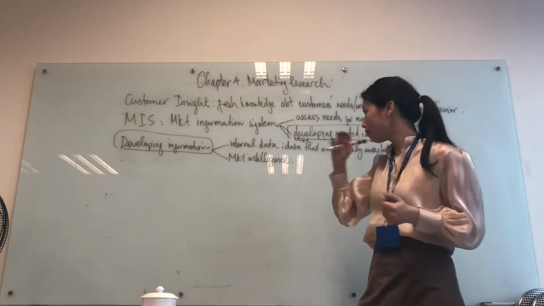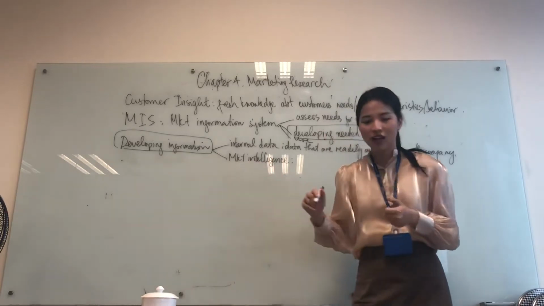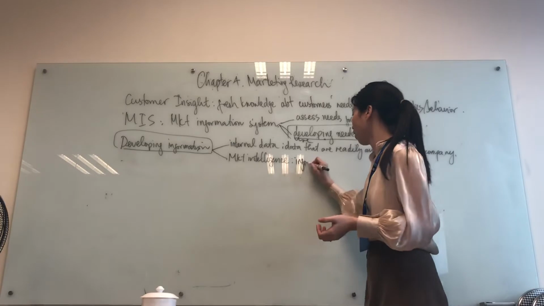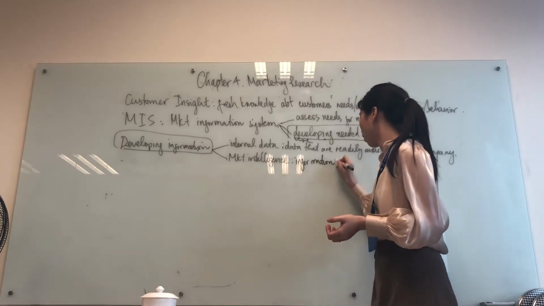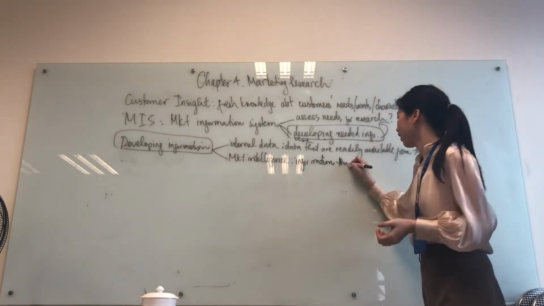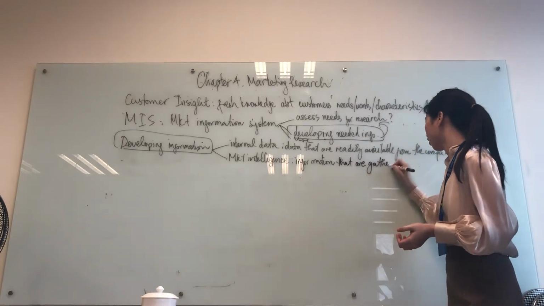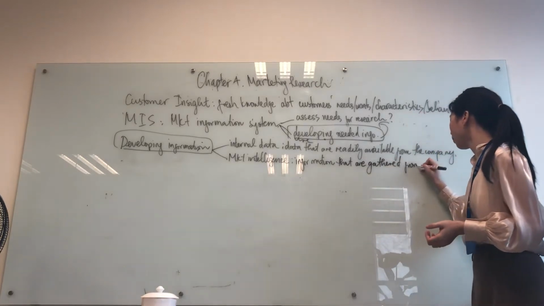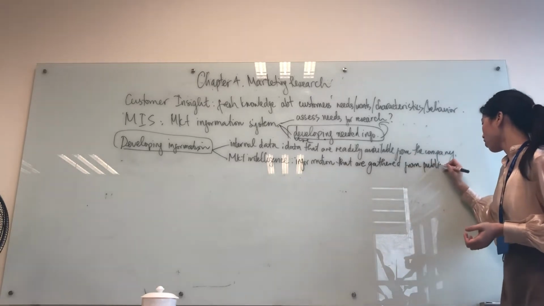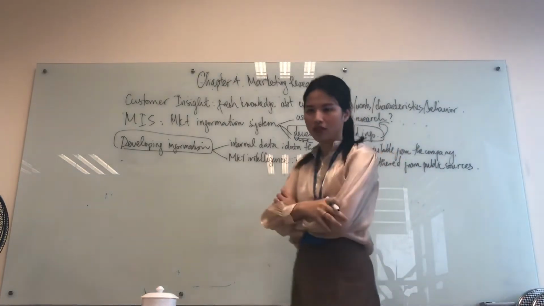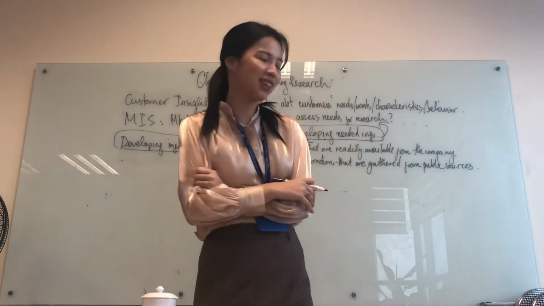So in here, marketing intelligence is the kind of information that is gathered from public sources. All right, tình báo ấy, it's kind of like that.